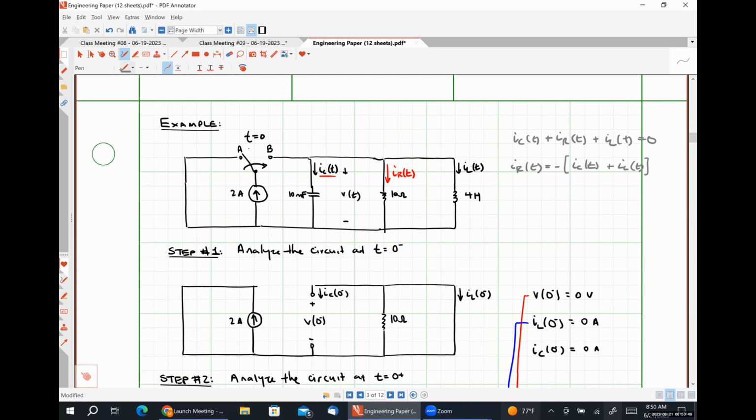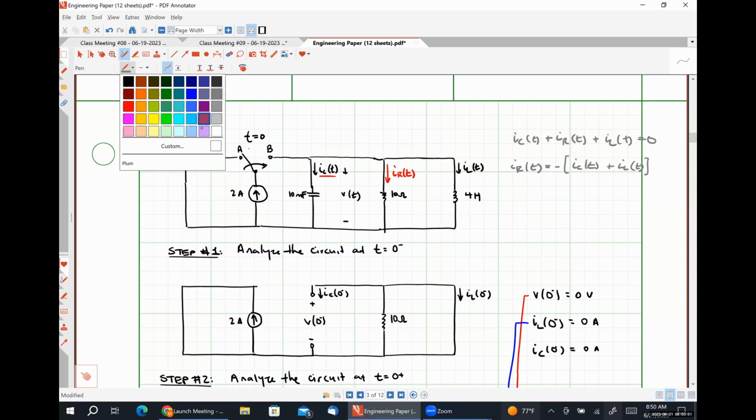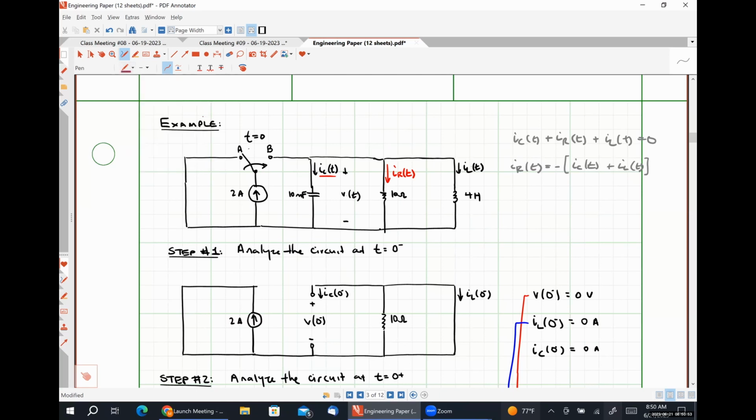Another way would be for us to say that IR of t is just going to be V of t divided by R. This is a little bit easier because we only need to solve for V of t in order to solve for IR of t.